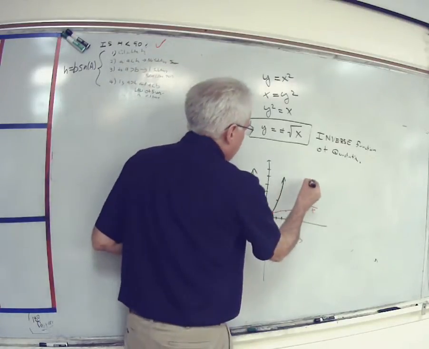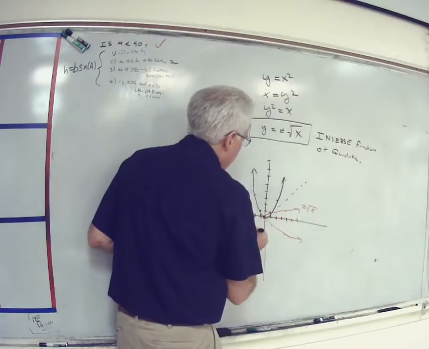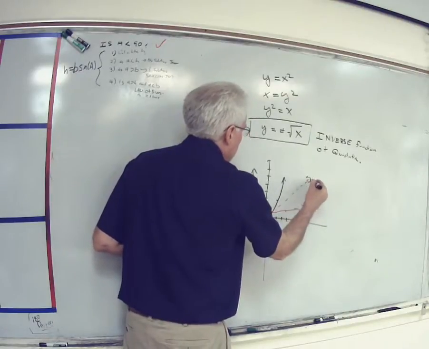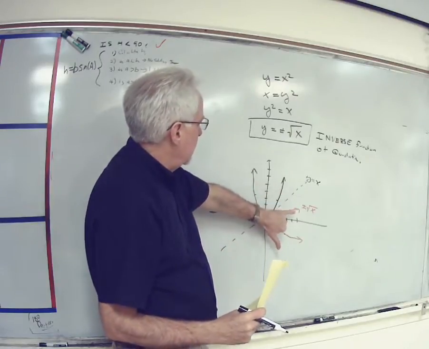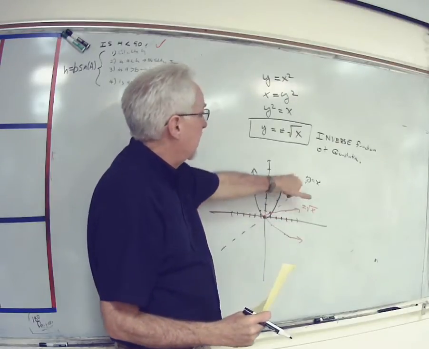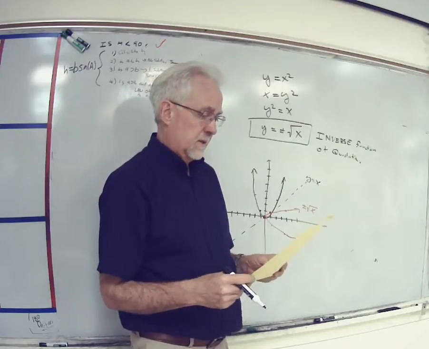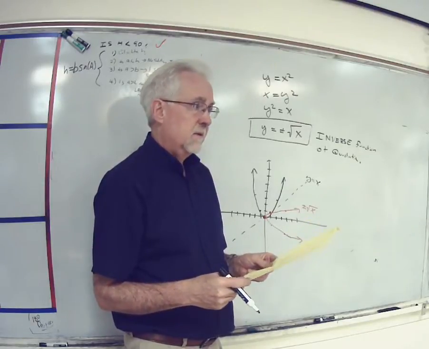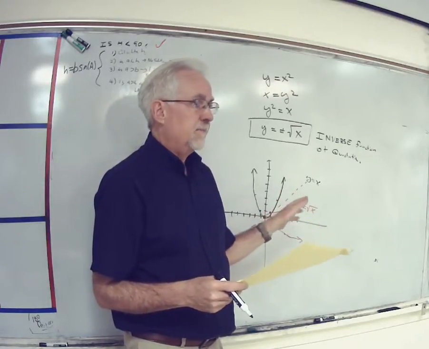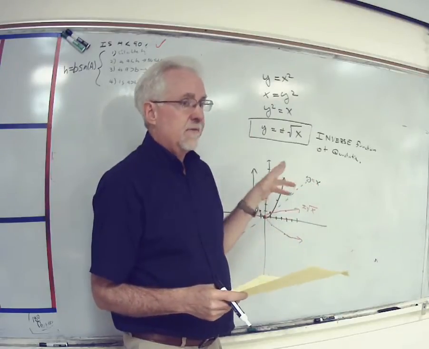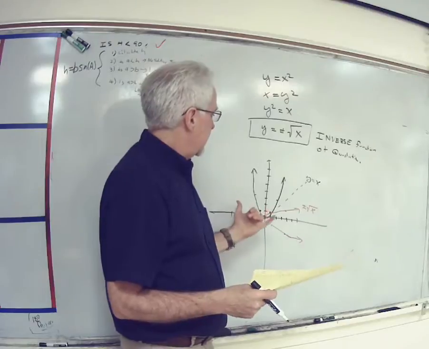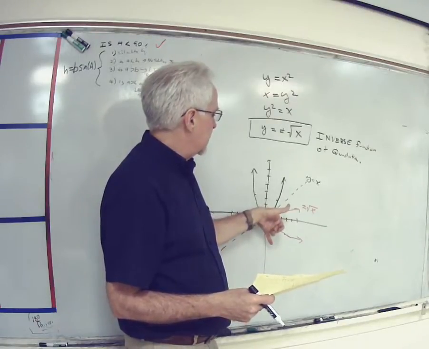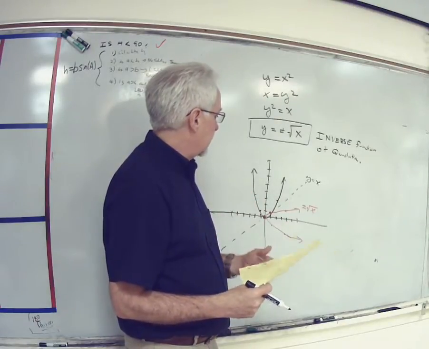If I put in y equals x, we can see that the square root is the quadratic reflected over y equals x. Does that make sense? Logan, you were probably thinking about this from yesterday, about the definition of an inverse function. A square root is not mysterious, it's just a quadratic laid over on its side.